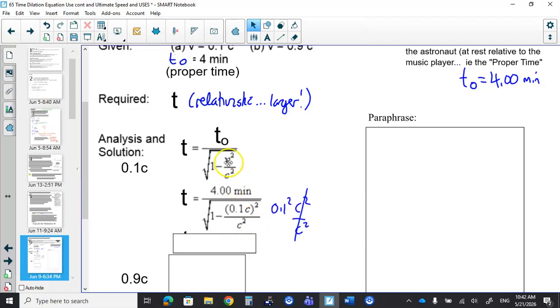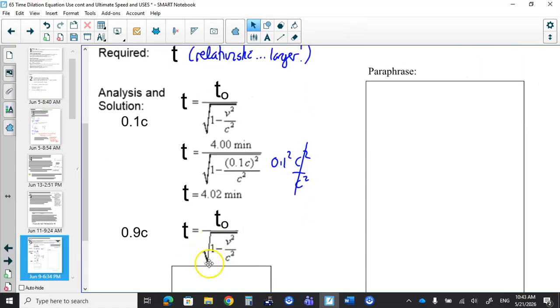We know it from time dilation, we developed it ourselves. It's not magic, right? Put the numbers in, the proper time and the speeds and so on, the c squareds cancel out, and we get that the song would last an extra 2 seconds, right? Because we'd hear it in a little bit of slow motion. Or 0.02 of a minute, I suppose, I'd have to do the calculation there.